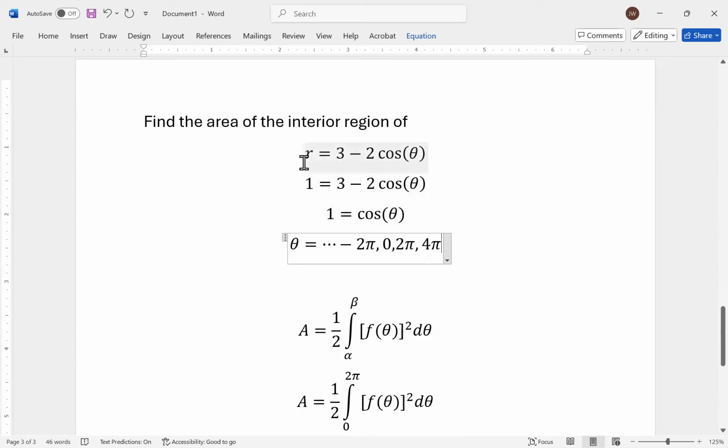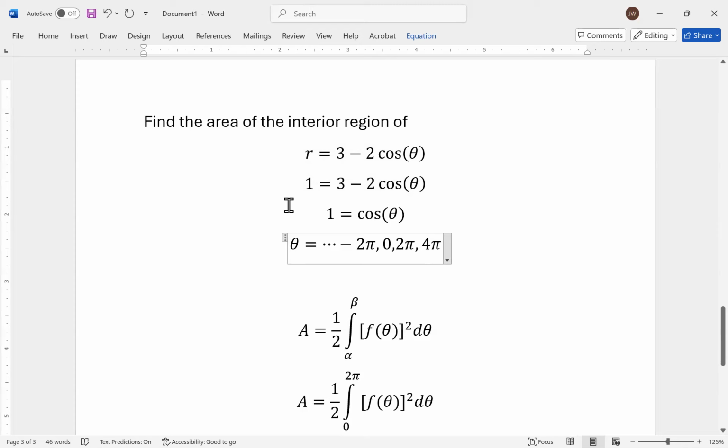Okay, again, it's unique when r is equal to 1. There are other values for r, like if r were equal to 4, then it turns out there's a couple of different thetas that give you r equals 4, a couple of different points on my limacon.